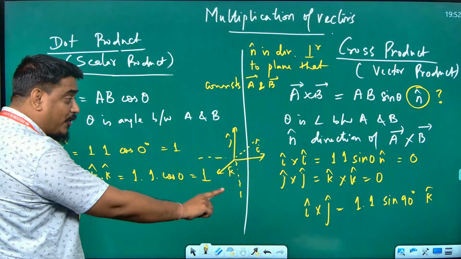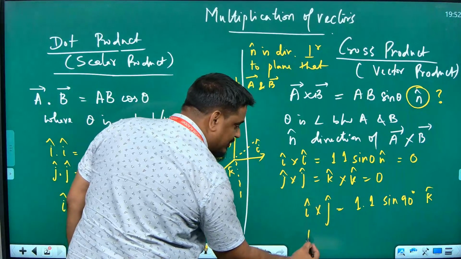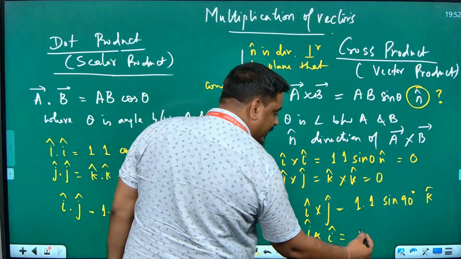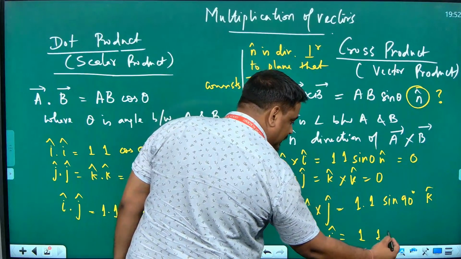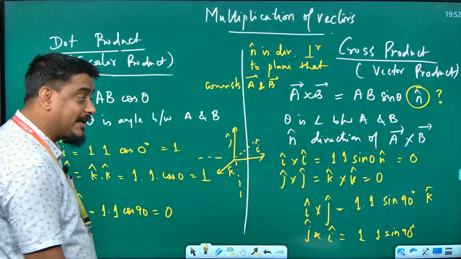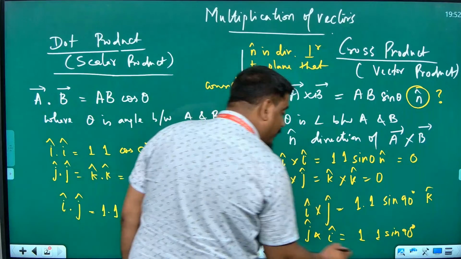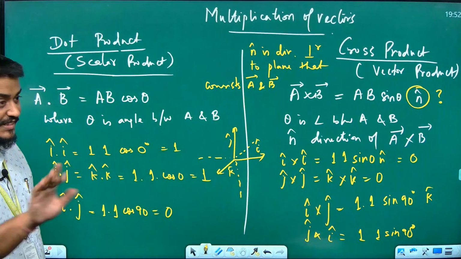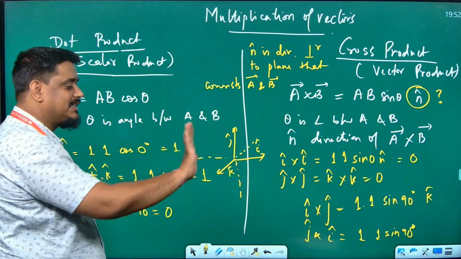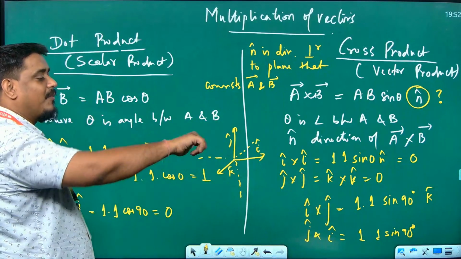If I start from j, suppose I am writing j vector cross i vector, then what will happen? Magnitude of j is 1, magnitude of i is 1, sine is 90, and I am going to find n cap now. For finding n cap, where should I keep my palm now? J, not i. J, going towards x, that is j to i. Minus k.